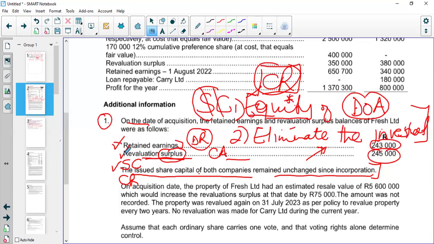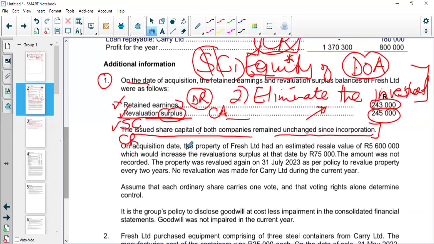But for second level, we have valuation adjustments that only affect the revaluation surplus. So if you look here, we are told that on acquisition date, the property of Fresh Limited had an estimated resale property of 5.6, which would increase the revaluation surplus at that date by 75,000. So we need to say plus 75,000. Right?